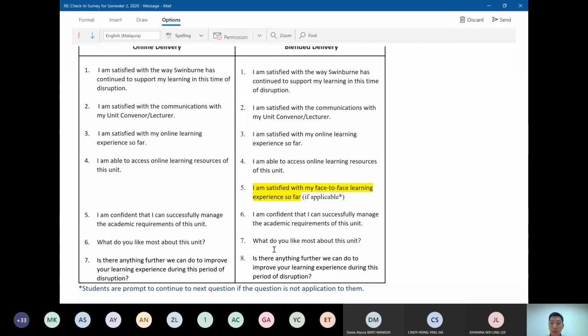And then the last question is asking your opinion on what can be improved to help you enhance your experience in learning for this unit. So these are the 8 questions that you need to respond to for the survey. The last day is until Sunday. I still have time. So far so good.